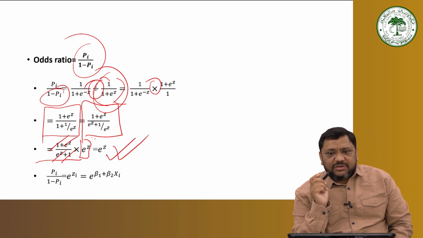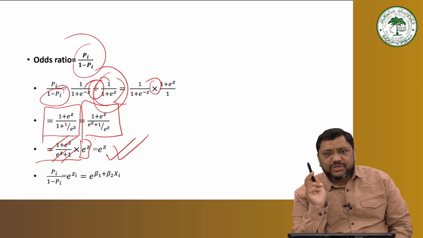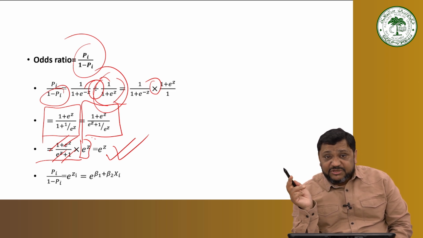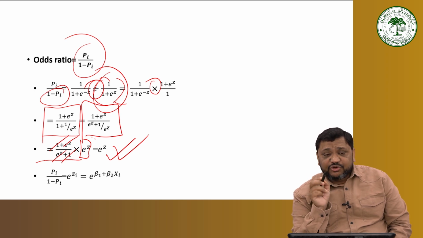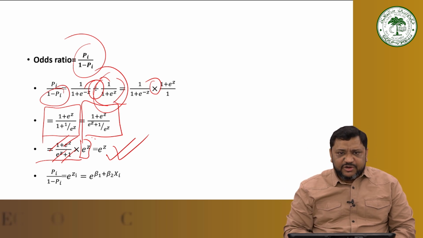So what is the odds ratio? The odds ratio pi divided by 1 minus pi is equal to e raised to the power zi, and zi is equal to beta 1 plus beta 2 x. So the odds ratio is equal to e raised to the power beta 1 plus beta 2 xi.